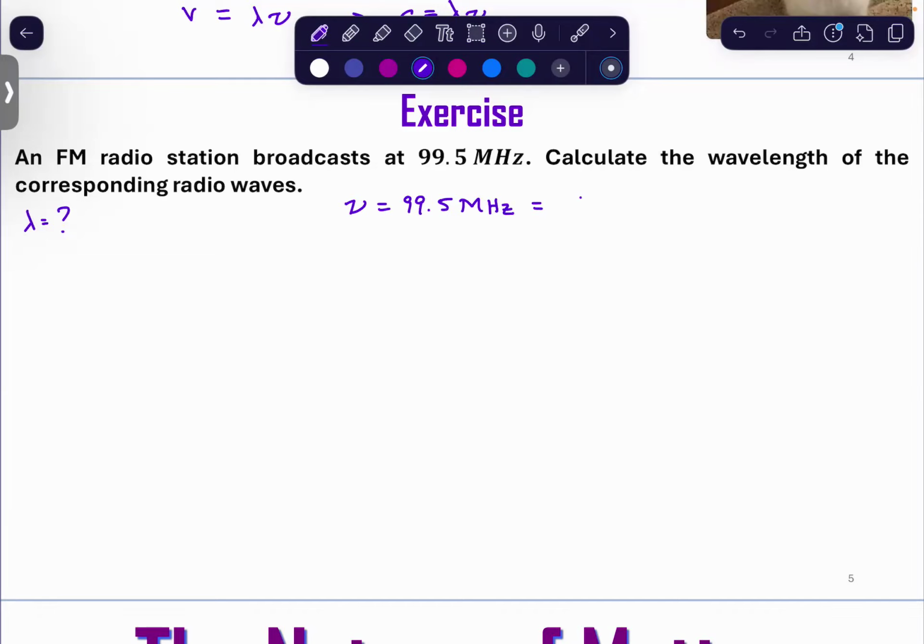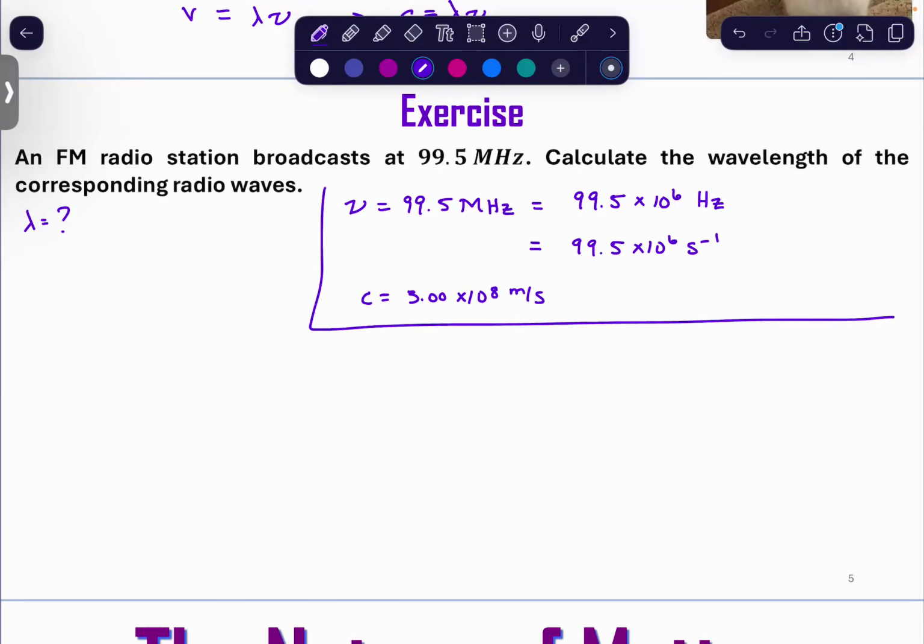So it's 99.5 times 10 to the 6th hertz, which we could write in SI units as inverse seconds. And of course c is 3.00 times 10 to the 8th meters per second.